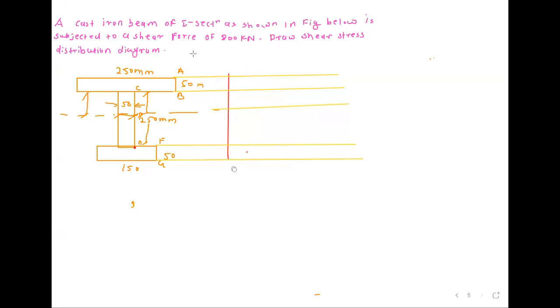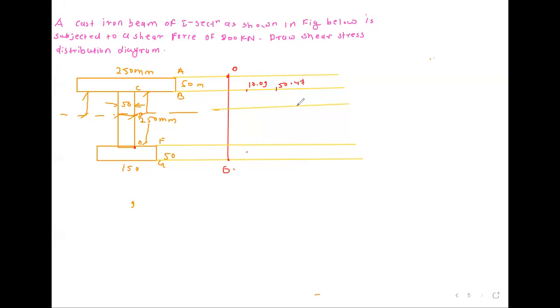Okay, so shear stress at A is 0. Shear stress at G is 0. After that, we have calculated shear stress at B, and the value of shear stress at B is 10.09. After that, shear stress at C is 50.47.